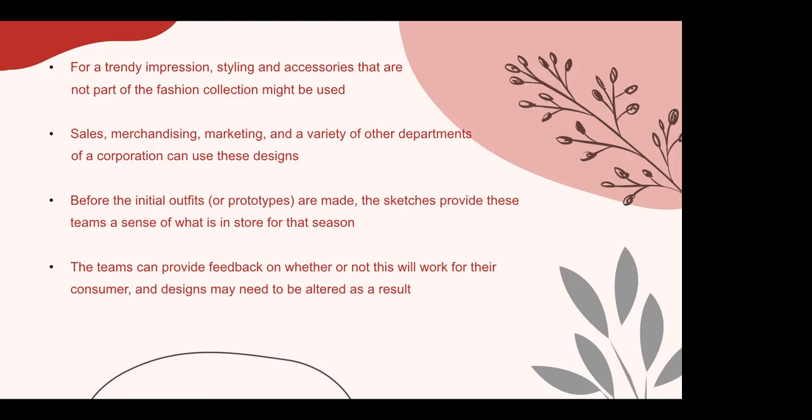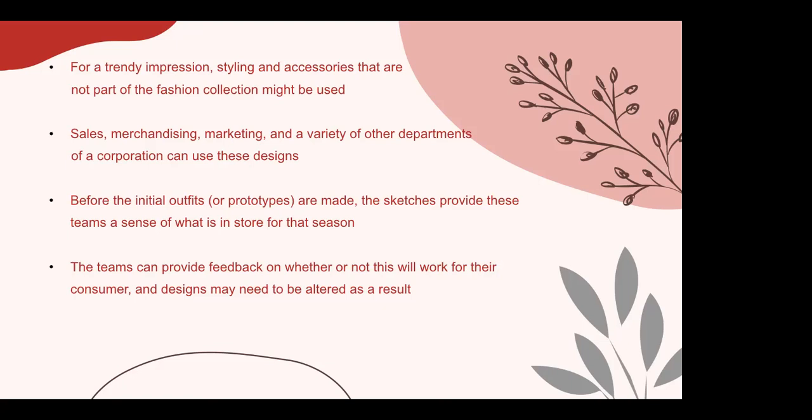The teams can provide feedback on whether or not this will work for their consumer, and designs may need to be altered as a result. In our industry, not everything is put on sampling. Sampling is making one garment of your design. So after making an illustration, the whole team can get an idea: okay, this is sellable or this is not.